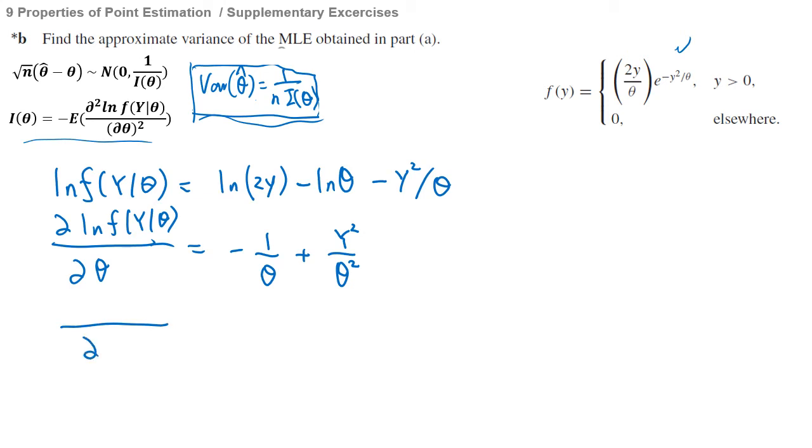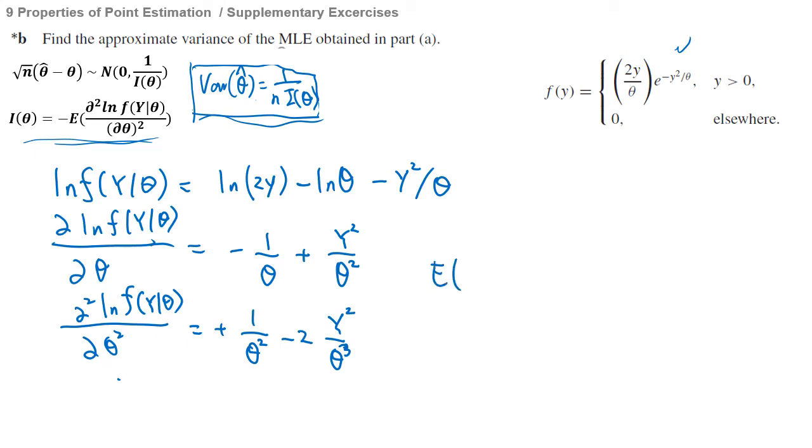So one more derivative is plus 1 over zeta squared minus 2 over zeta cubed times y squared. Okay, and so we would like to get the expected value of minus this thing.